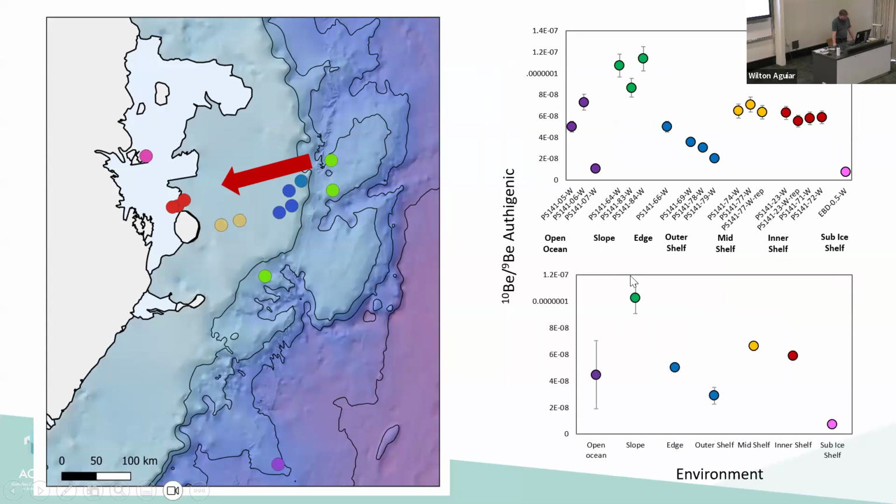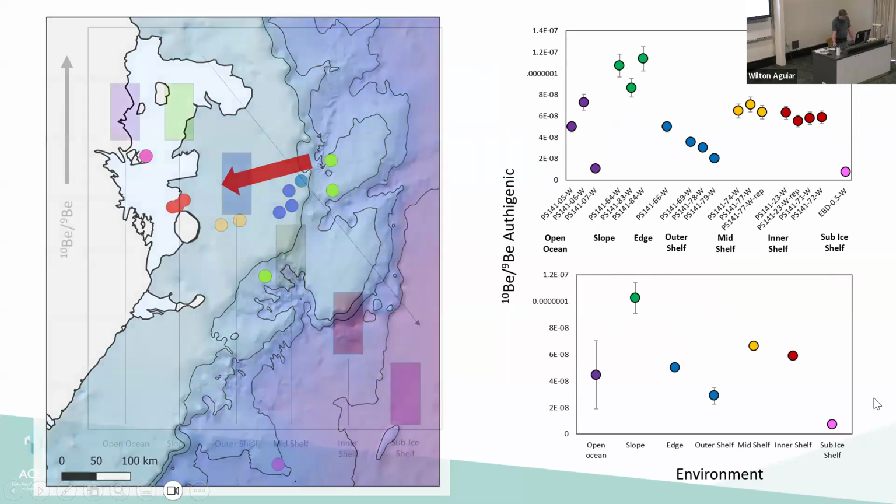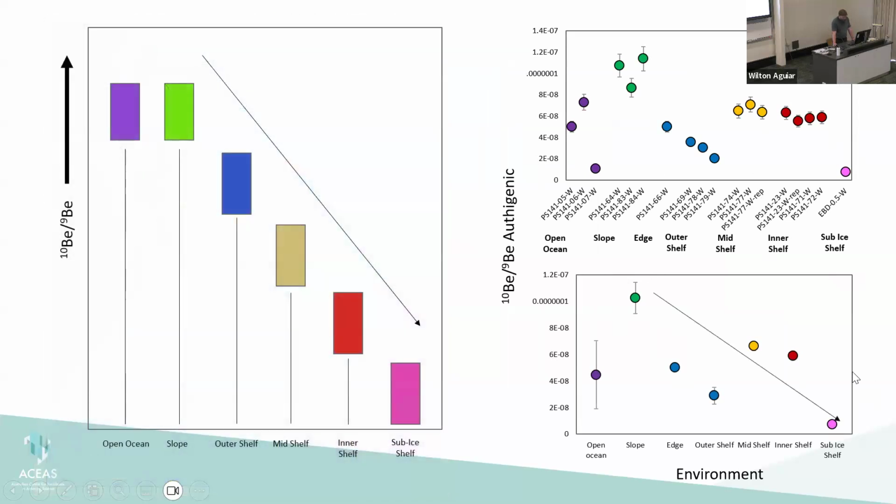And what we see is that the slope has the highest, which is what you might expect, but then there is an approximate decreasing trend inland.